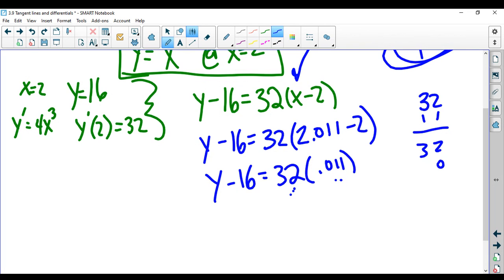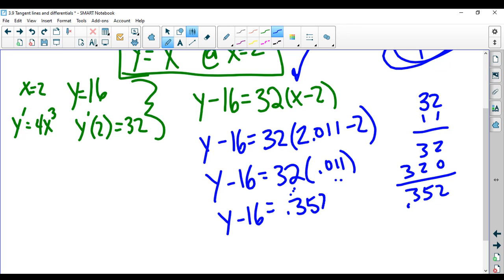Here's the old way of doing it. Do they still teach you this? 352. 3 decimal places in the 0.011. So that's 0.352. We have y minus 16 equals 0.352.